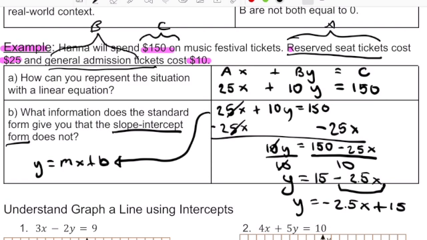So between the two, we know that from our standard form, we can see that Hannah's constraint is $150. And with our slope-intercept form, we can see that Hannah can only buy 15 general admission tickets.